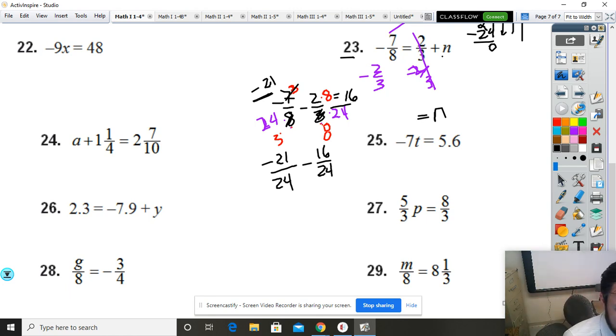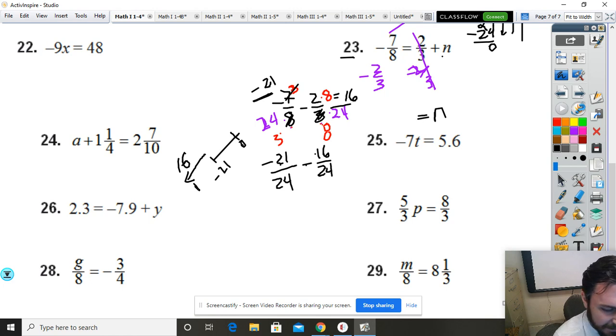Now with the common denominator, we can go ahead and carry out the operation. Negative 21 minus 16. If you need to, start at negative 21 on a number line. If you're going to go 16 in the negative direction, notice we're going to get a pretty big negative number.